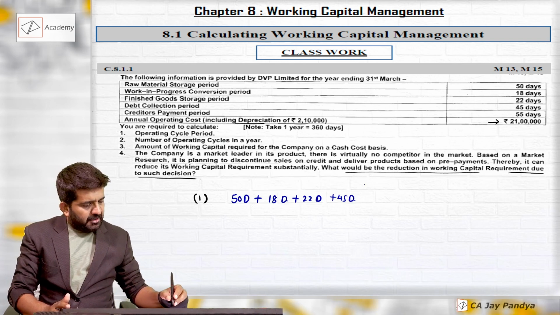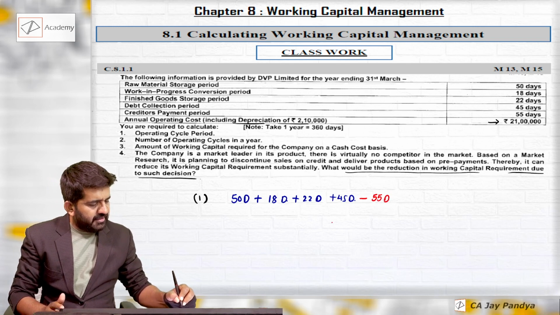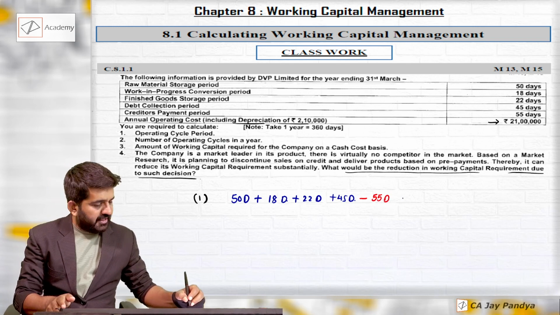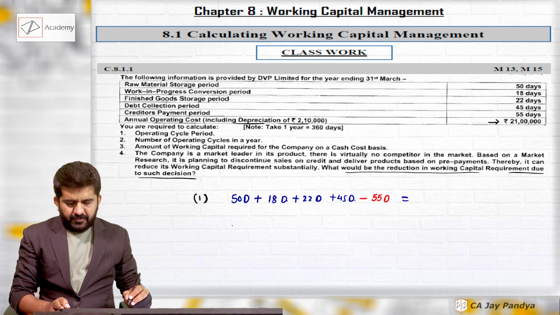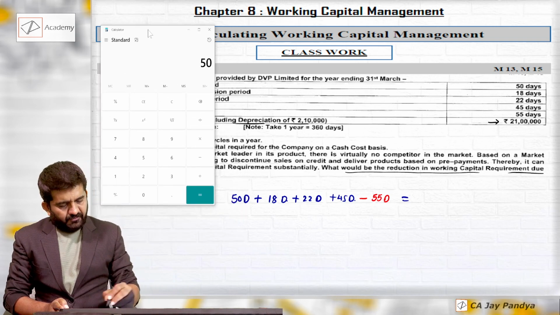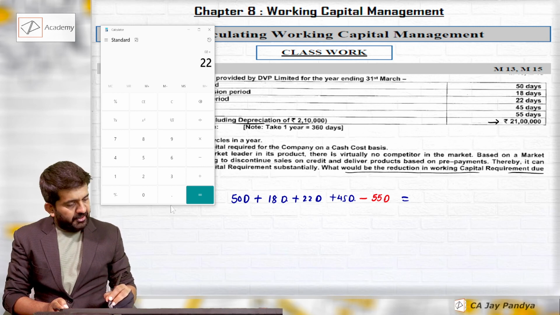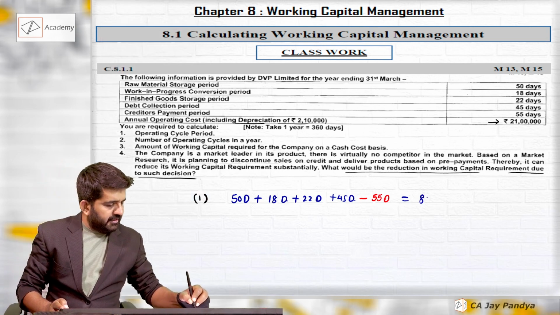Creditors payment period will be 55 days. Creditors will reduce my working capital cycle. My working capital cycle will be 50 plus 18 plus 22 plus 45 minus 55, which will be 80 days.